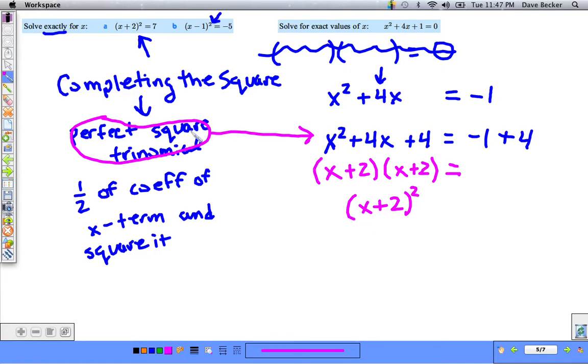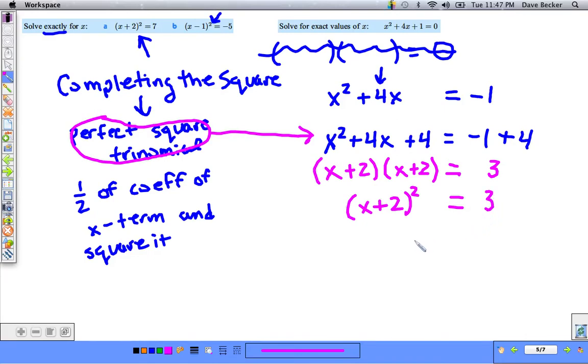Hence the name perfect square, because I can write it as something squared, and trinomial because it has 3 terms. And so I'm going to simplify the right. Negative 1 plus 4 is 3.